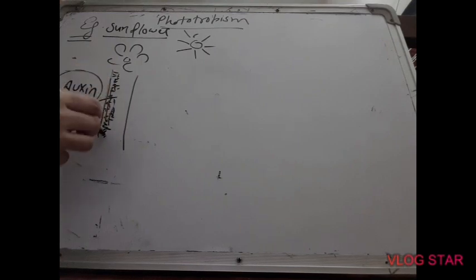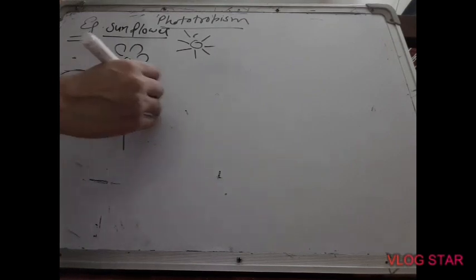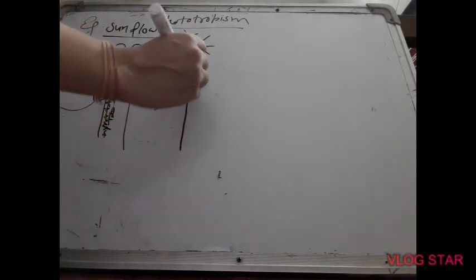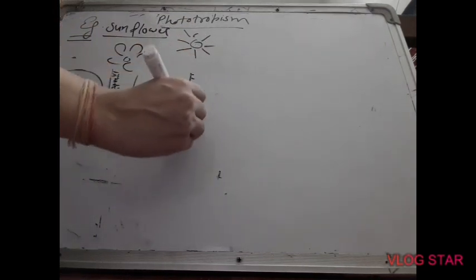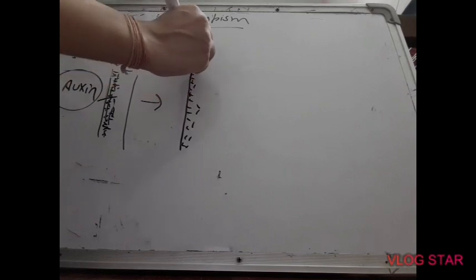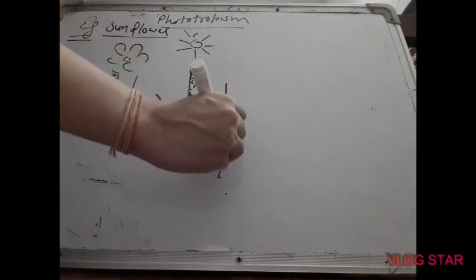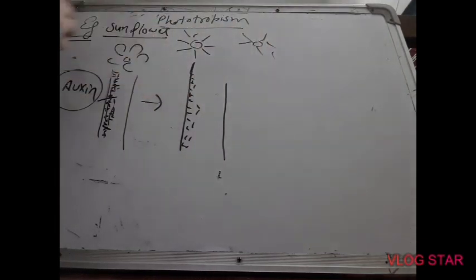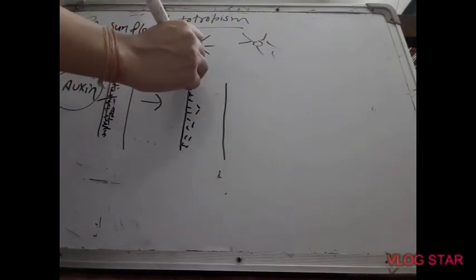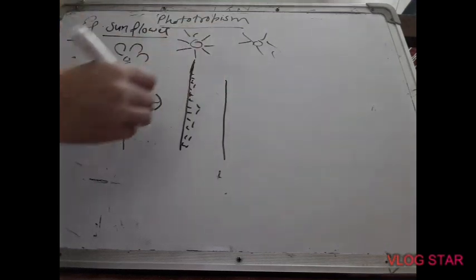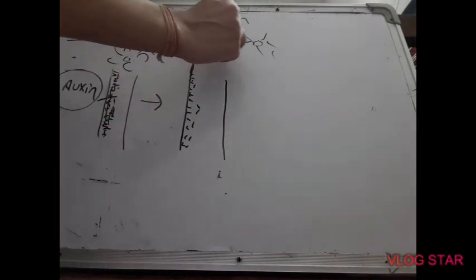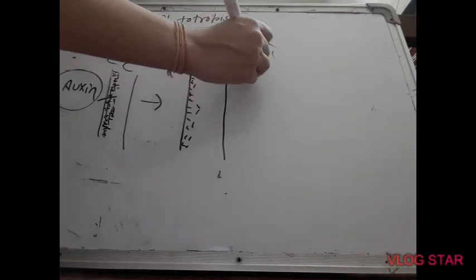And what is the function of auxin? We have discussed earlier, the function of auxin is to stimulate the growth of the plant. So this side of the stem grows taller than this side, because towards this side it has sun and auxin moves away from the sun. Due to more growth on one side and lesser growth on the other, the stem bends towards the sun.